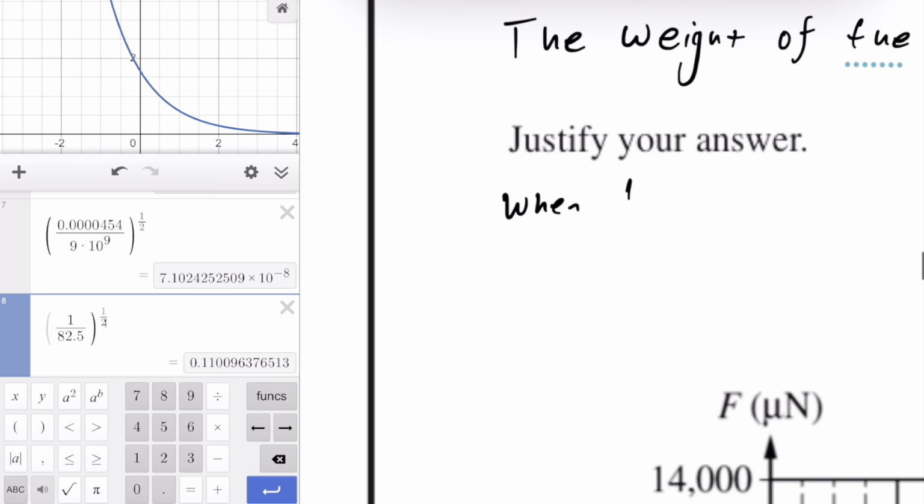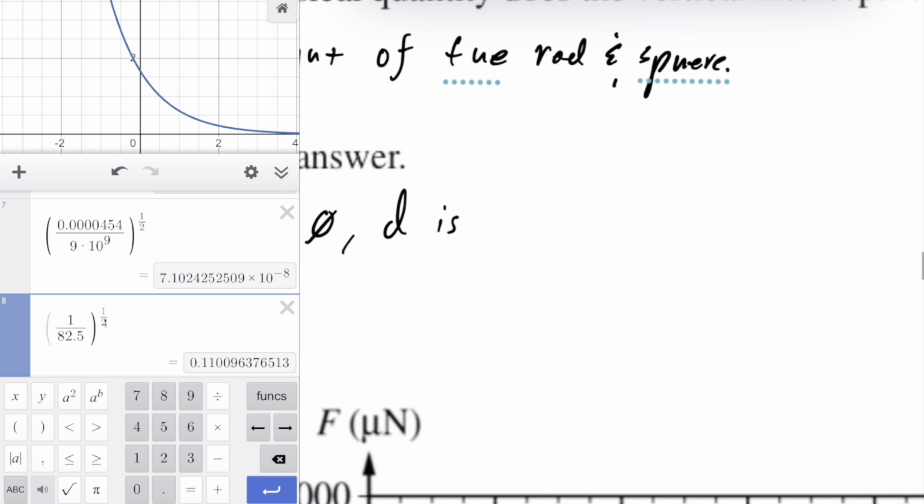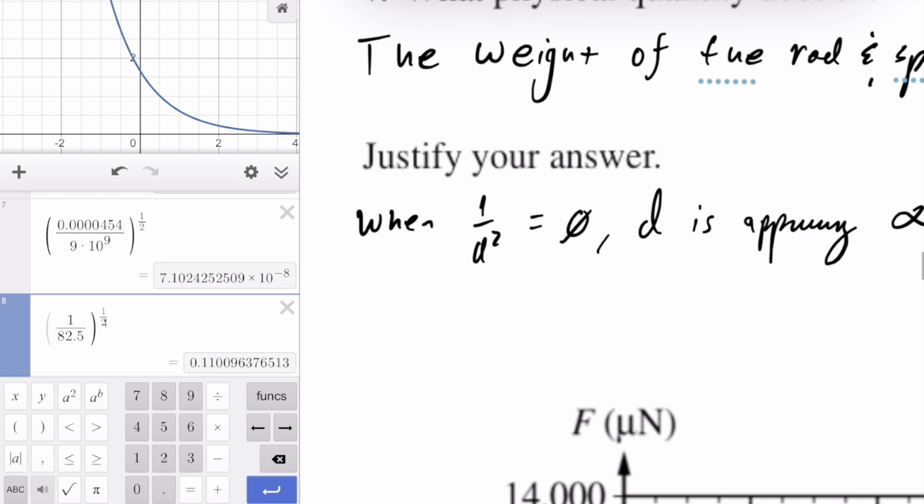When 1 over d squared equals 0, d is approaching infinity. And that makes sense, right? Because the limit as d approaches infinity of 1 over d squared is 1 over infinity, which is 0.